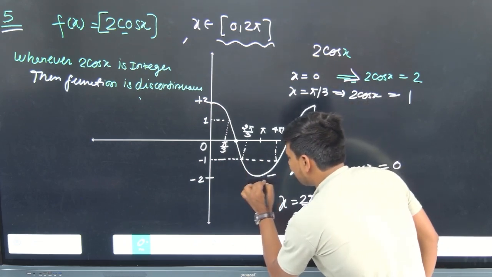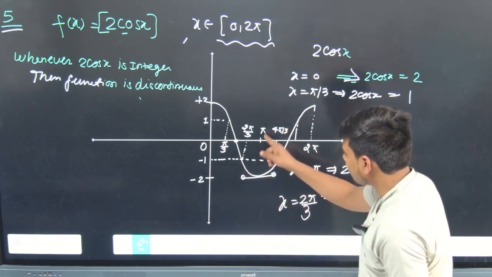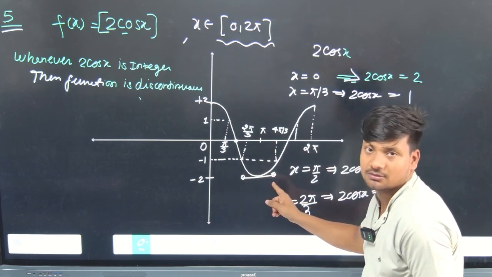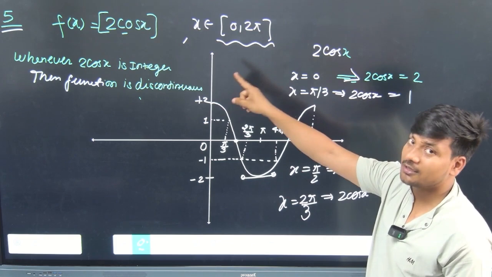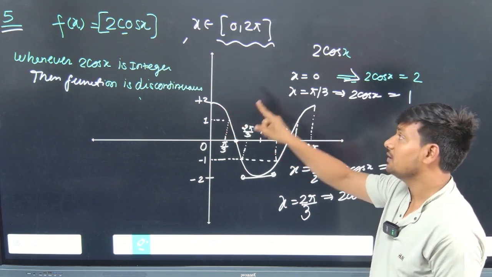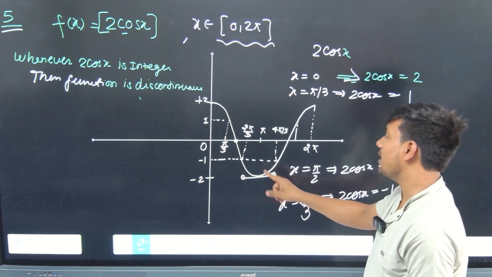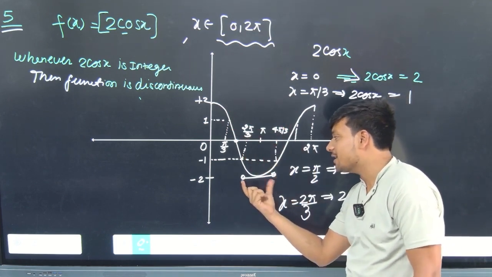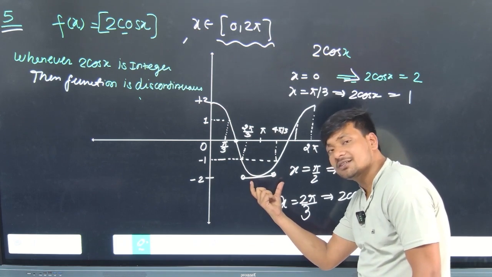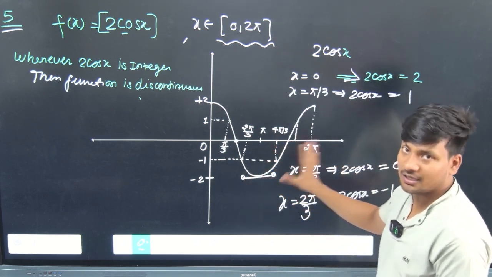Then the graph will be like this one. So you can see that at pi the graph is continuous. Also we can see that at pi this will give an integer, but at pi this is not discontinuous, this is continuous, because from 2 pi by 3 to 4 pi by 3 this graph is at -2, and this is a straight line, that is continuous. So at x equals pi this is continuous.